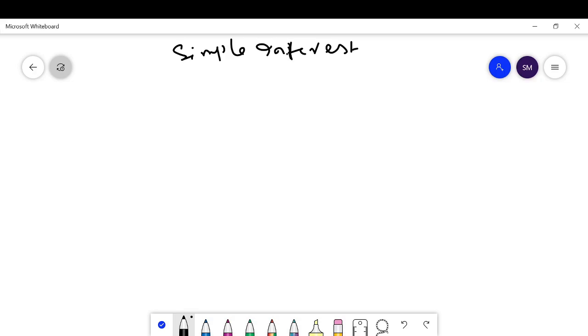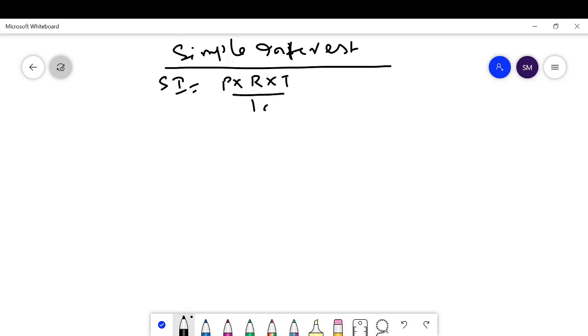Simple interest SI is equal to P into R into T upon 100. This is the formula of simple interest, which you have already read in previous classes.